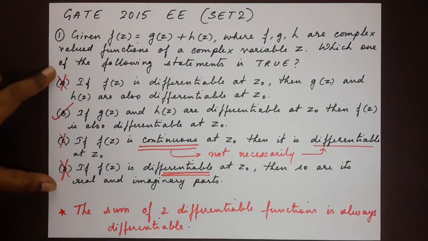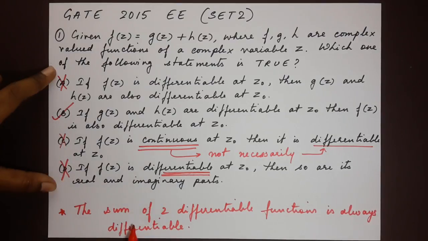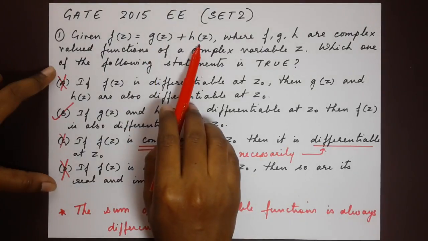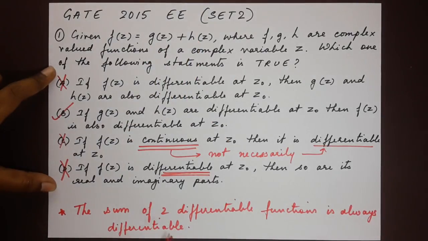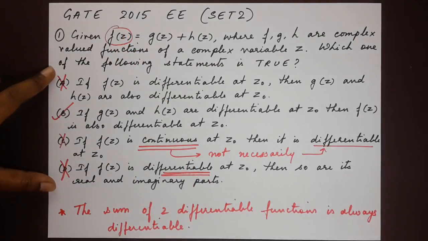So D also rules out. So the right answer here is B, where the sum of two differentiable functions g(z) and h(z) is always differentiable. Therefore, f(z) is differentiable. Well, B is the right answer, and I hope this explanation has helped.